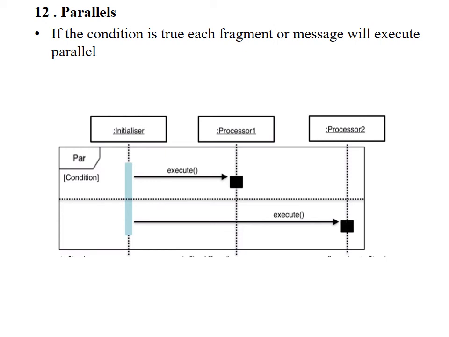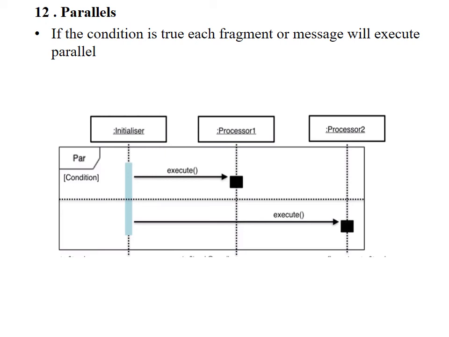The left-hand side of the frame will be labeled PAR, which represents that this is parallel. The messages in this frame will be executed in parallel. If this condition is true, this initializer executes some operation on processor 1 and also processor 2. So the execute message will happen in parallel in more than one object.